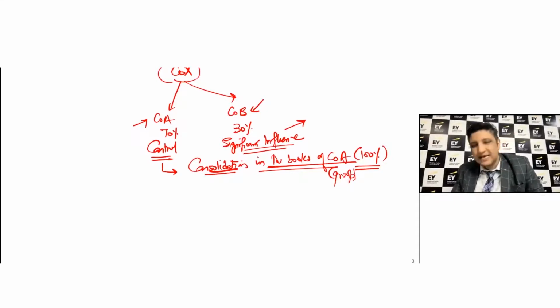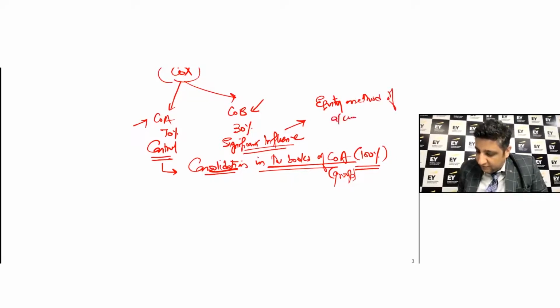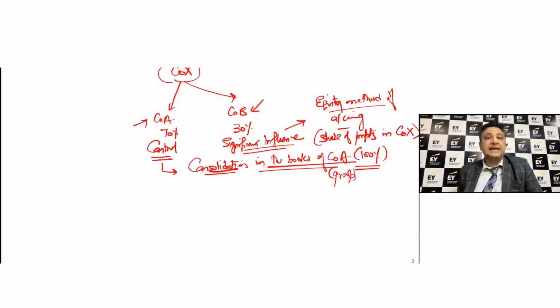So when this happens, we are saying that under significant influence, we follow something called the equity method of accounting. Now, what does it mean? It means that you only consolidate or pick the share of profits in company X. You only consolidate the portion of equity.